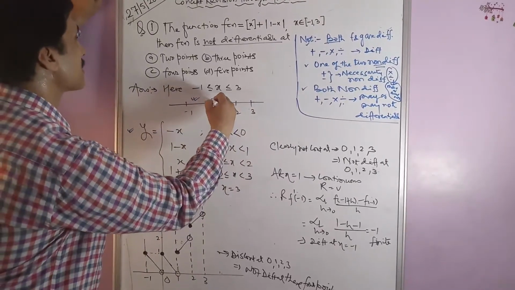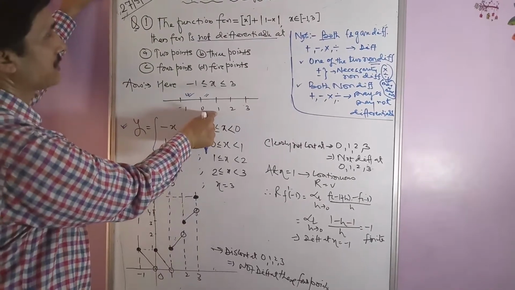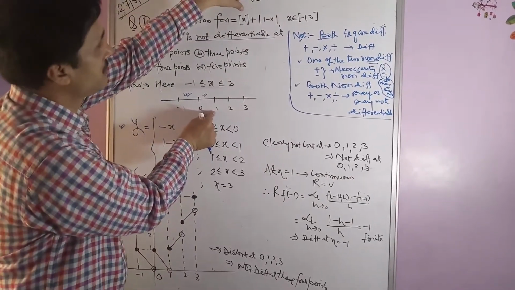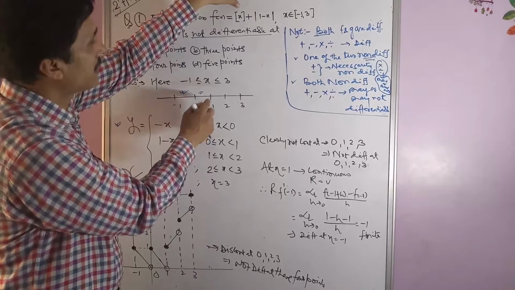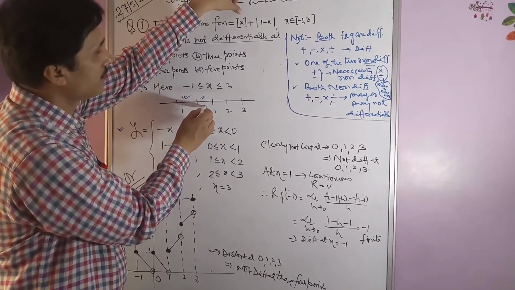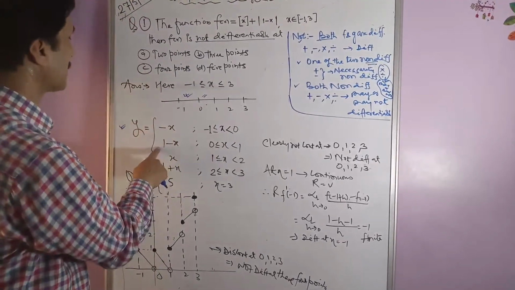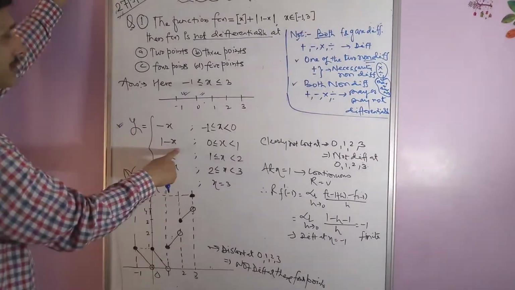In the second situation, x lying between 0 to 1, obviously the integral part is 0. So this becomes 0. Here again 1 is greater than x, so 1 minus x is positive. After calculation, we have 1 minus x.